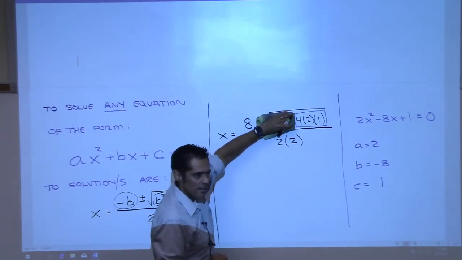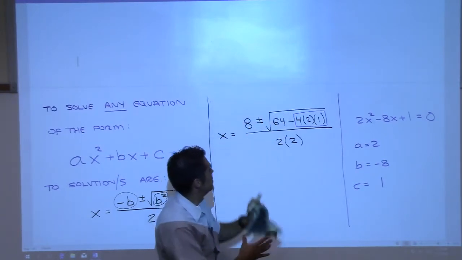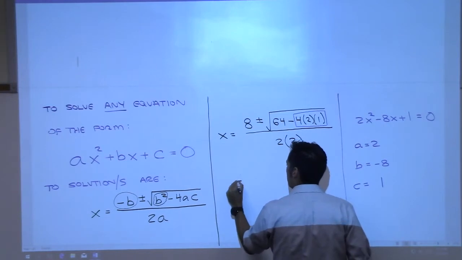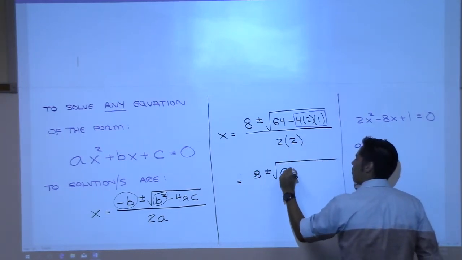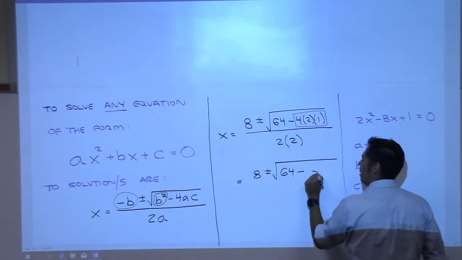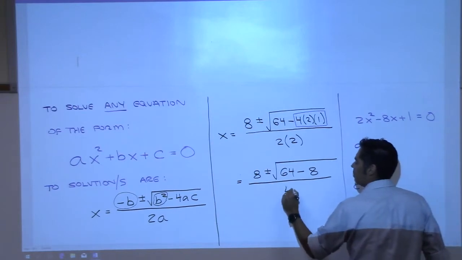And what is that? 8, right? Positive 8. Then we're going to put the 64 minus in front of it. So I'm going to write equals 8 plus or minus square root. Here comes 64, and then I write the minus, and then we got 8. Then all of this divided by 4.